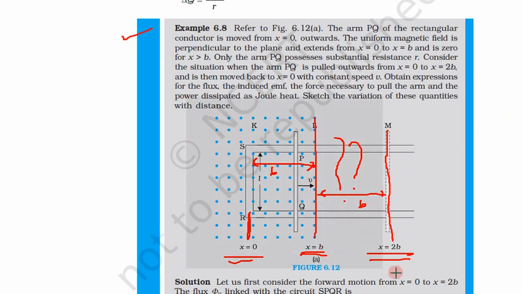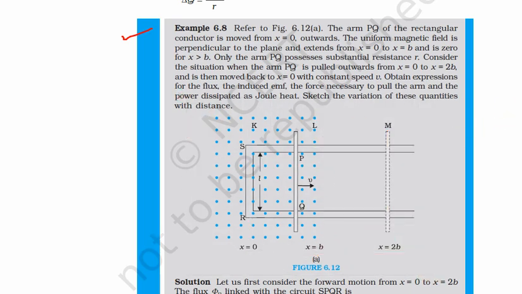So now let us read the question. Refer to figure 6.12a, that means this figure. The arm PQ of the rectangular conductor is moved from x is equal to 0 outward. So we started from this point, x is equal to 0, and we are moving in this direction.